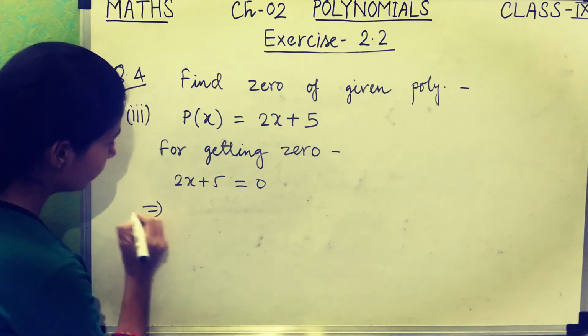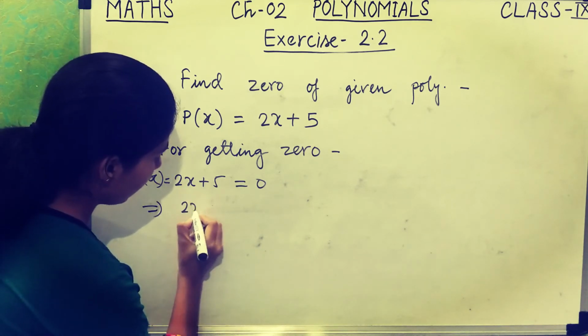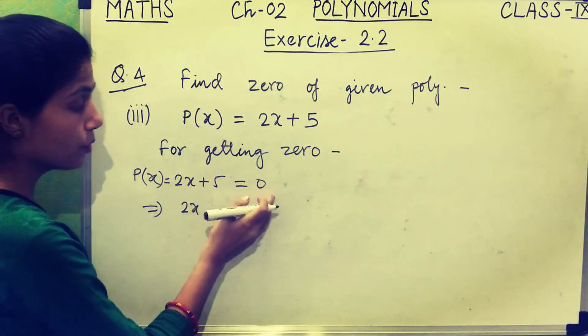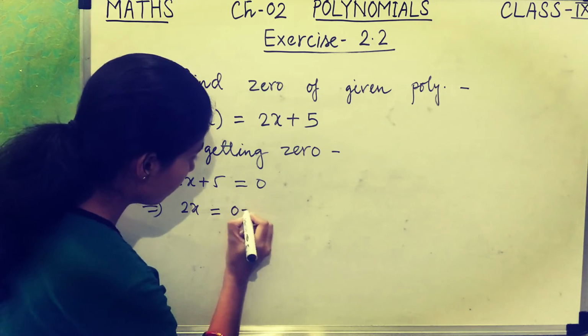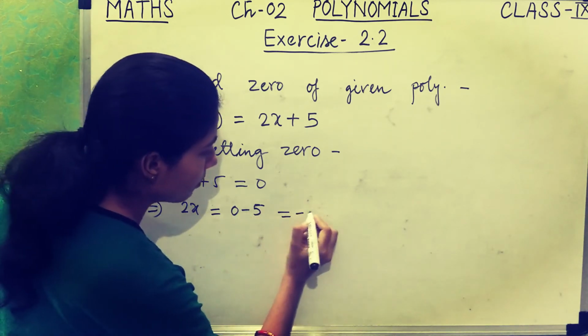So 2x plus 5. If you transpose it to the other side, it will be minus, so 0 minus 5. So it will be 0 minus 5, minus 5.